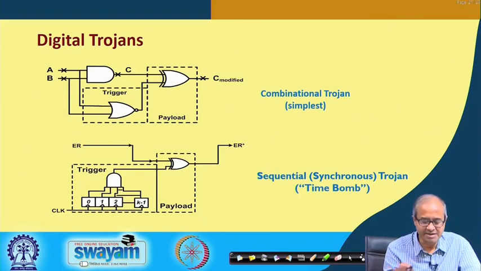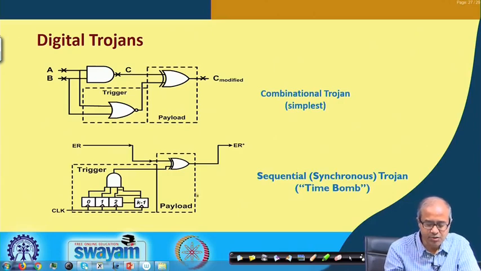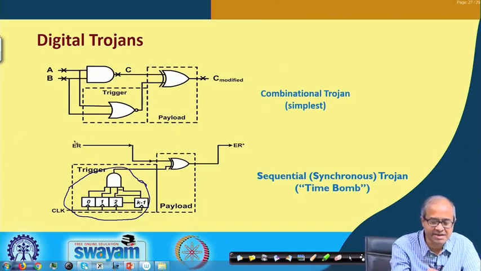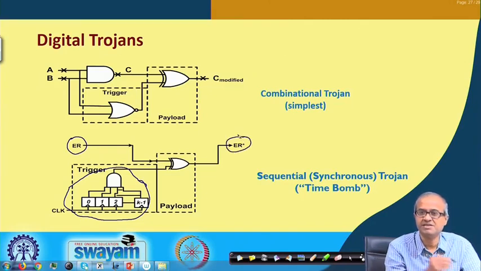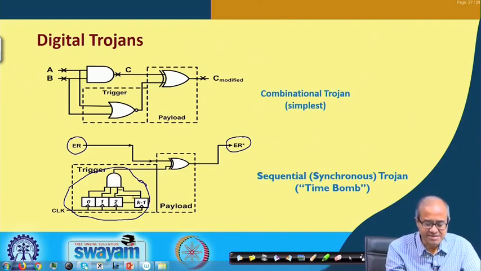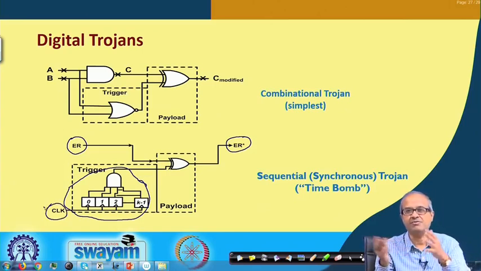Here it is a little more complex, this is a sequential Trojan, sometimes also called a time bomb, because it depends on some time. The idea is that your trigger condition is something like this. Here I am not showing you the circuit, let us say ER is the value that is calculated, but the Trojan is modifying it to some value ER star. What is this trigger? This trigger is some kind of a counter, a clock is coming, the counter is counting.